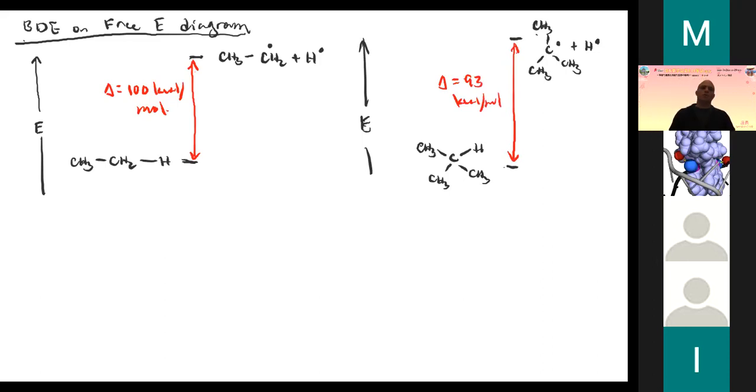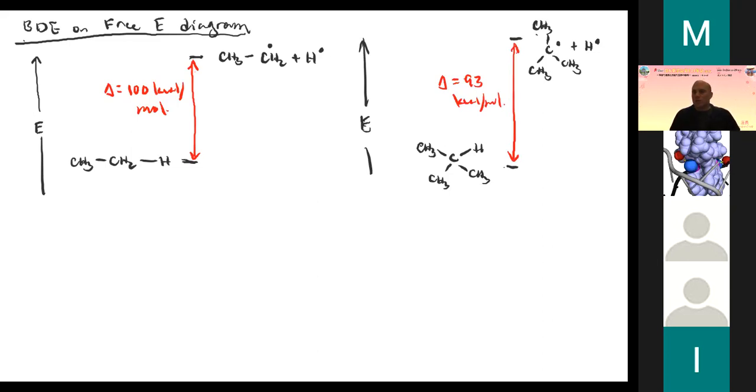So I have to put a lot less energy into the system to cleave the bond. The CH bond is weaker. The alkyl radical that's formed is more stable. Hopefully that makes sense.